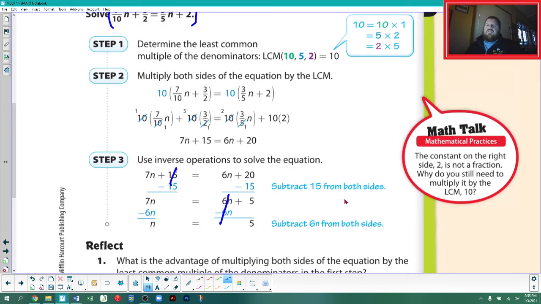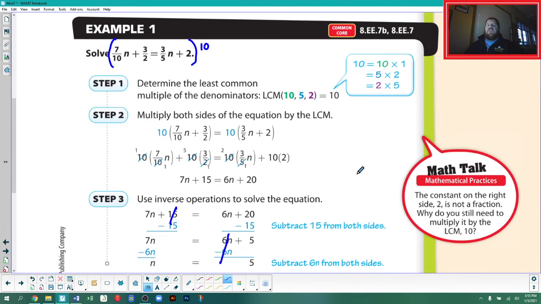Because the alternative to that would be to say, okay, well, I know that the common denominator between the denominators that I have is 10. So if I wanted to do that, there's a couple different ways you could go at that. You'd either turn everything into a 10 denominator, or just deal with denominators as you need to, right?